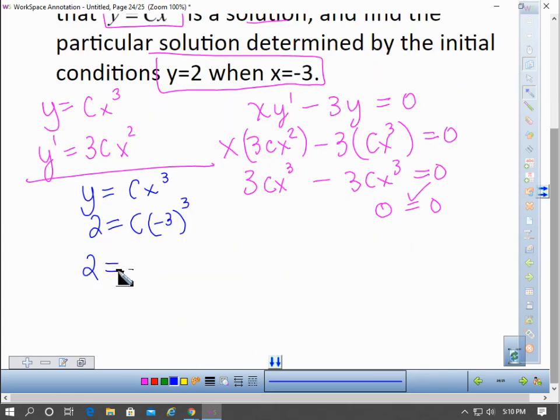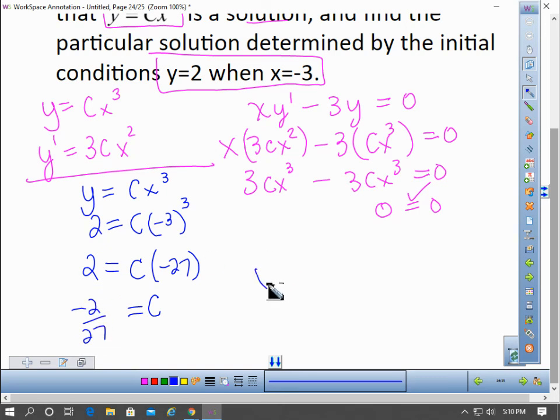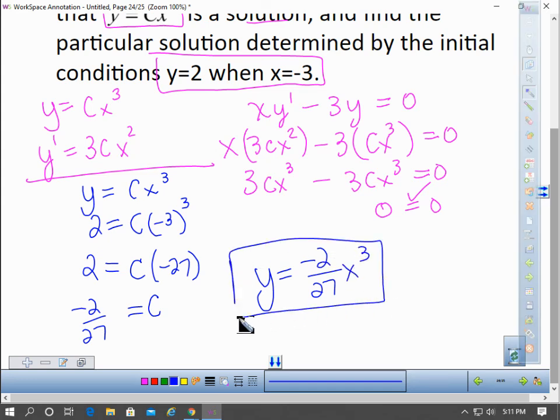So that gives me 2 equals c times negative 27, because that's what negative 3 cubed is. So c is going to equal negative 2 27ths. So the equation is going to be negative 2 over 27 x cubed is the particular solution that satisfies the condition here that when x is negative 3, the answer is going to be 2. Okay? So this is the particular solution.